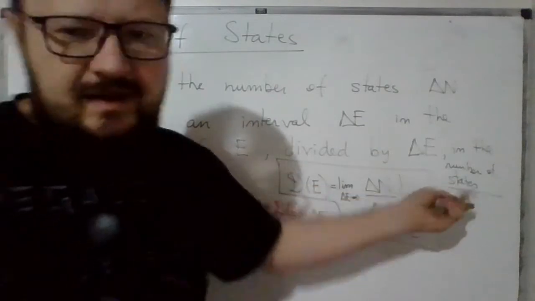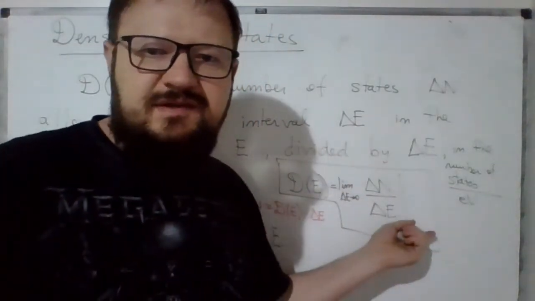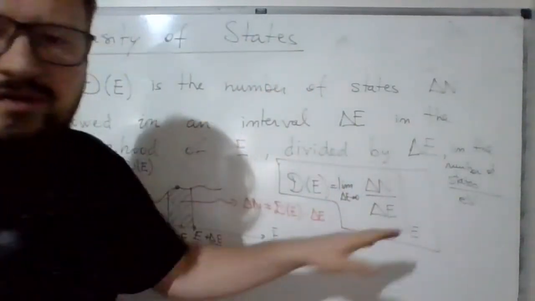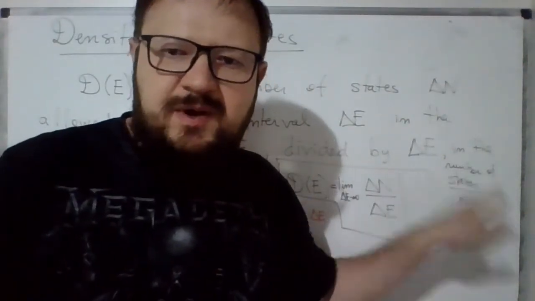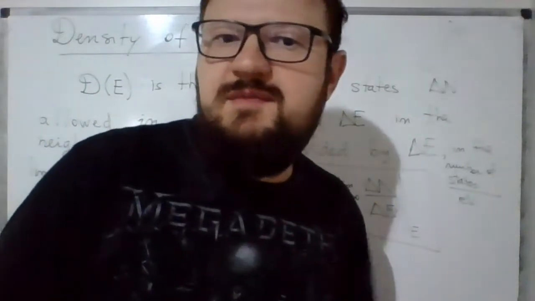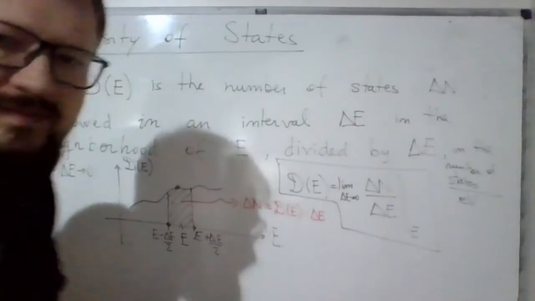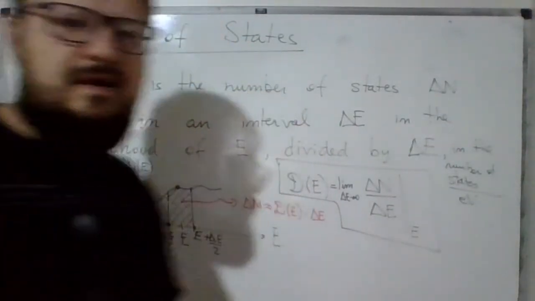Of course, you can also divide the total number of states by the volume of your sample. So you have the units as number of states per electron volt per cubic meter in the international system, or per cubic centimeter, or whatever the units of volume you are using in a particular case.